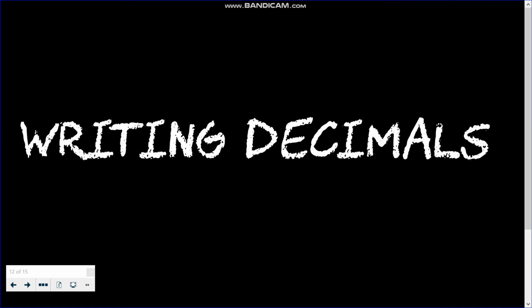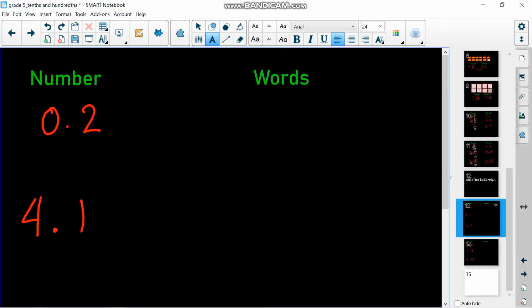Now let's go on to writing decimals from numeric form into words. So let's have the following examples. You can write decimals in words in 2 ways. For example, our first example is 2/10. We can write that as 2/10, the same as the fraction, or we can write that as 0.2.